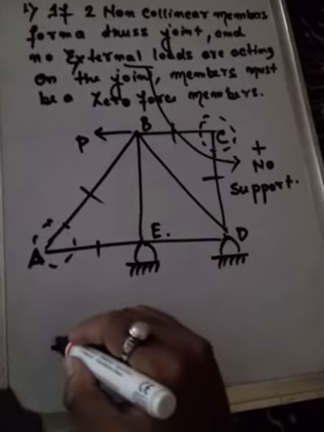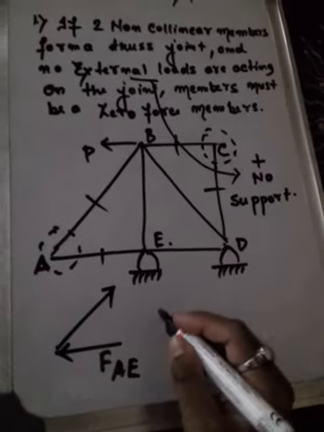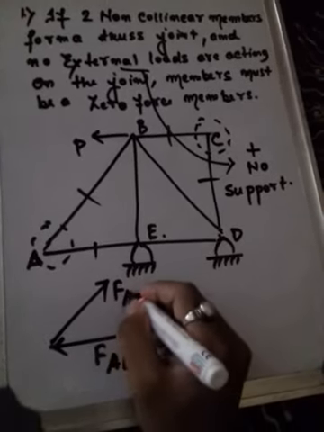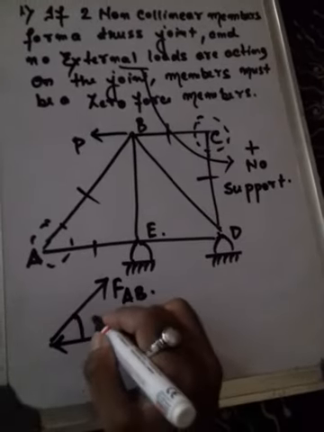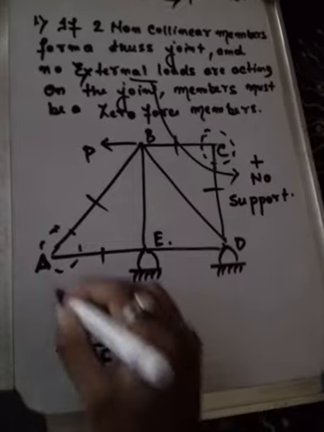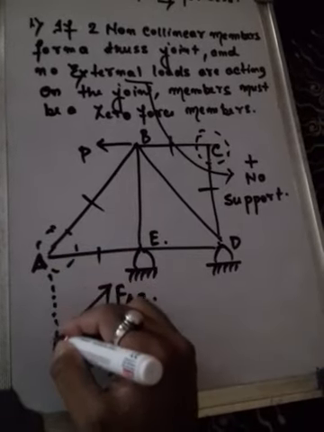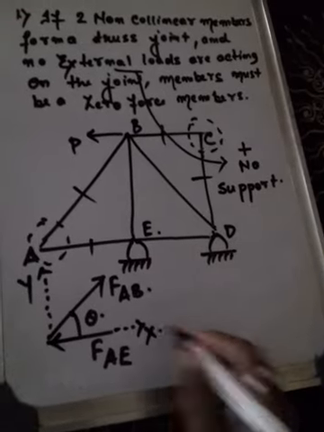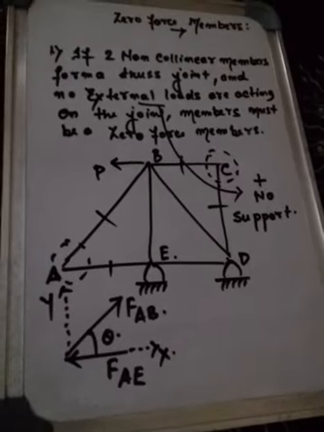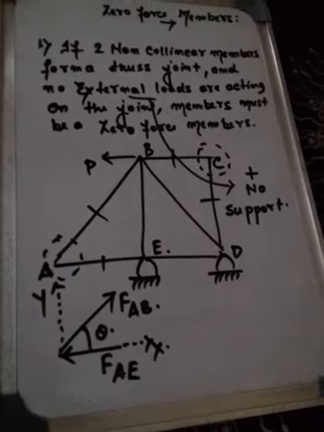Okay. This is your AB, force AB. And suppose this is the angle theta. So consider this as the y axis and this as the x axis. So this is the FBD of joint A.